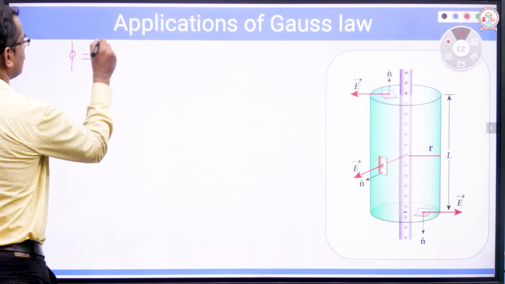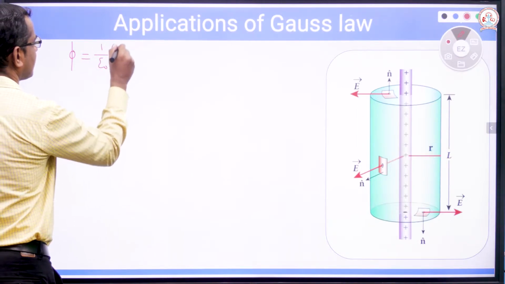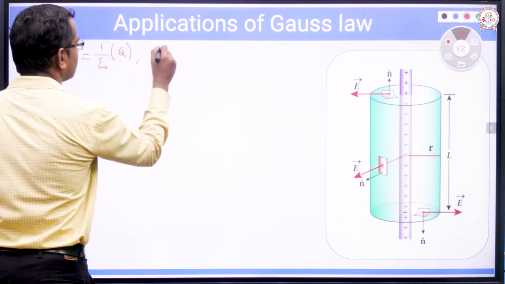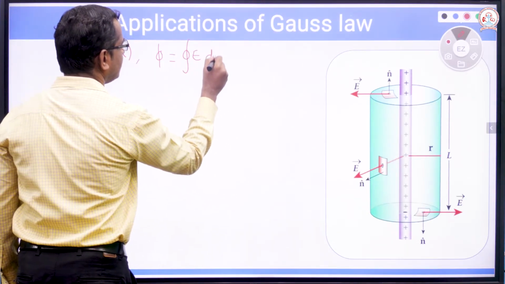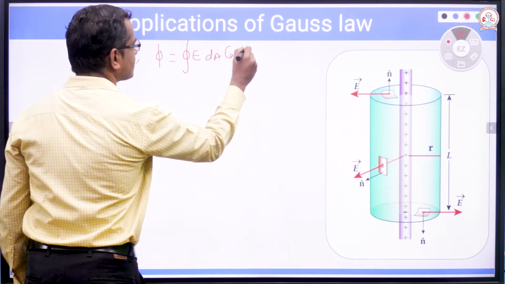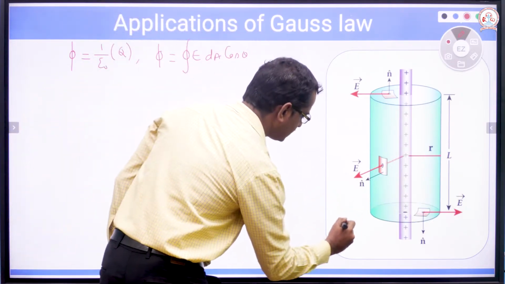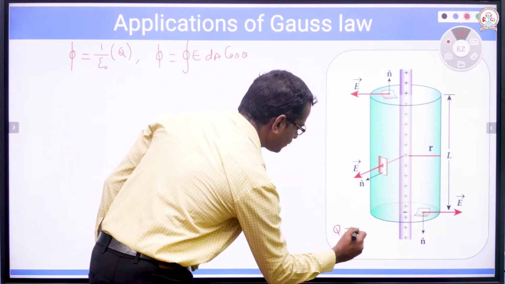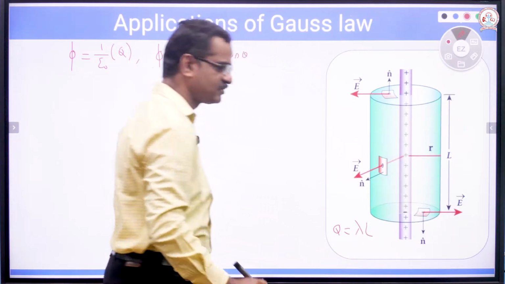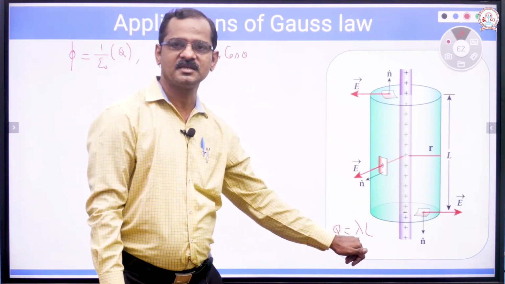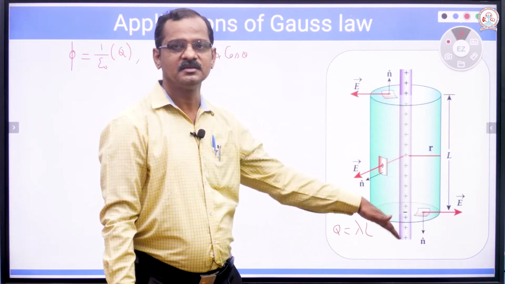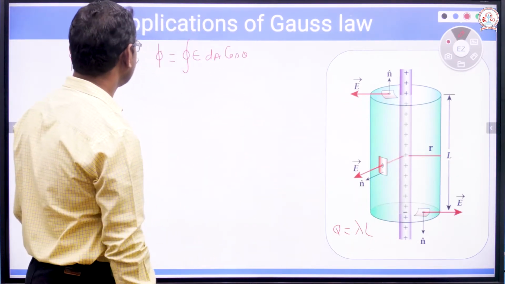Phi is equal to 1 by epsilon naught times the total charge enclosed by the surface. Phi is equal to closed integral E dA cos theta. Just now we discussed that total charge Q is equal to lambda into L, where lambda is linear charge density and L is the total length of the conductor.